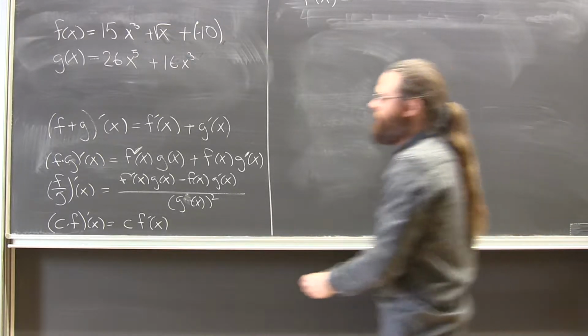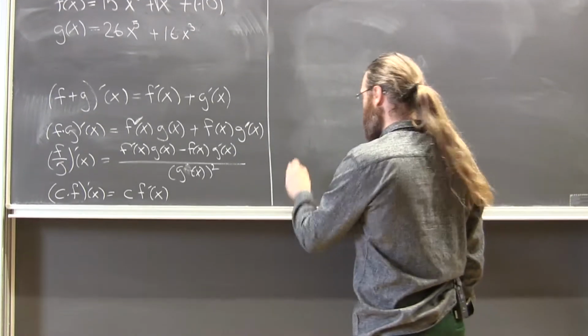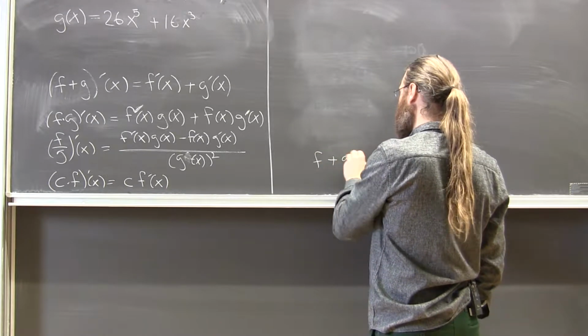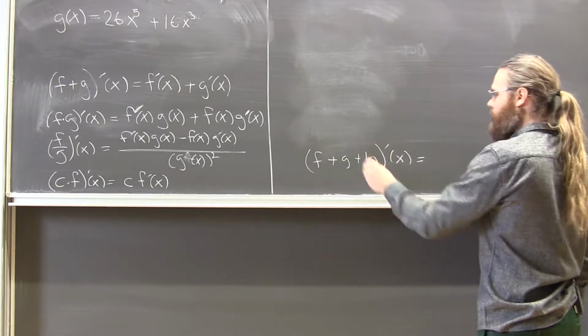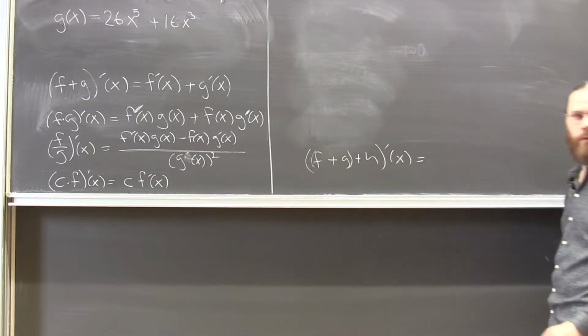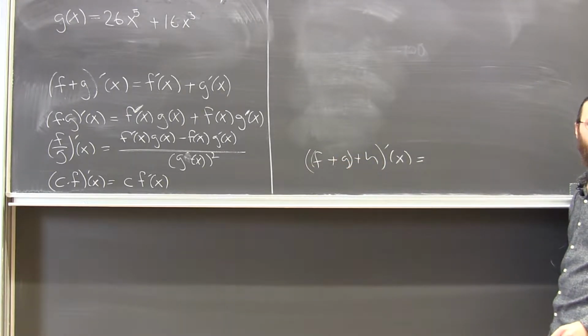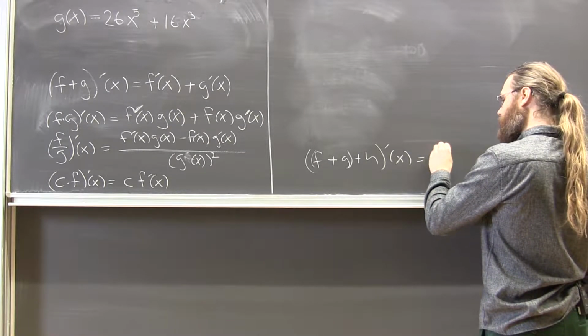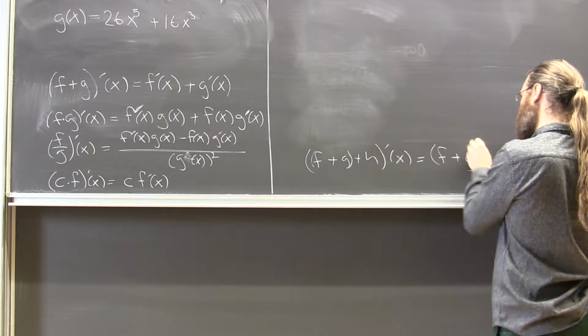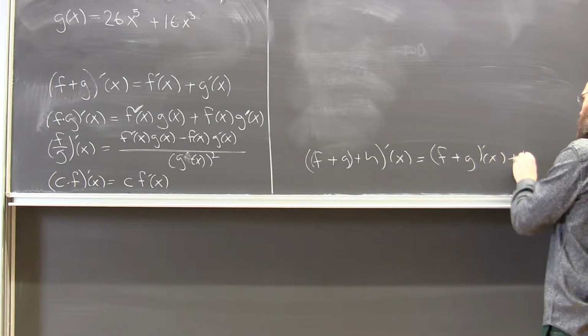Okay. So let me just write it down here. So f plus g plus h. If you take the derivative of this, then it's possible to consider it as the sum of two sums, right? Like this. So it's f plus g prime of x plus h prime of x.